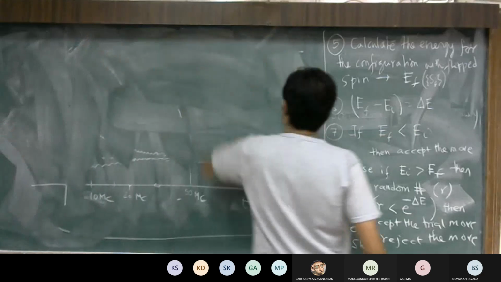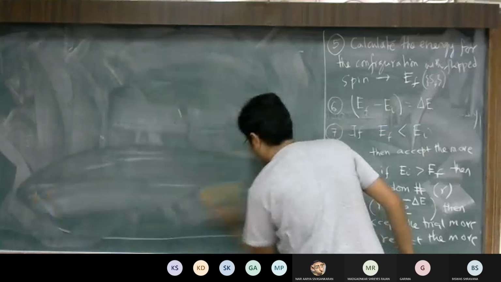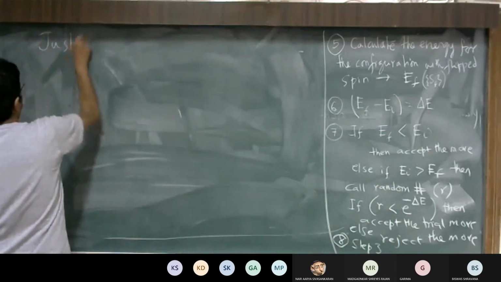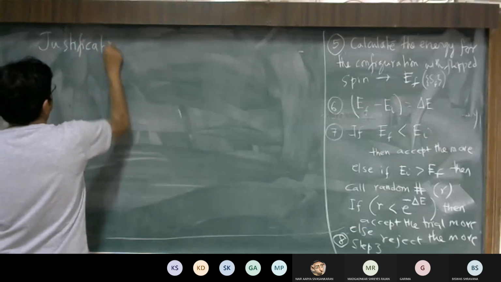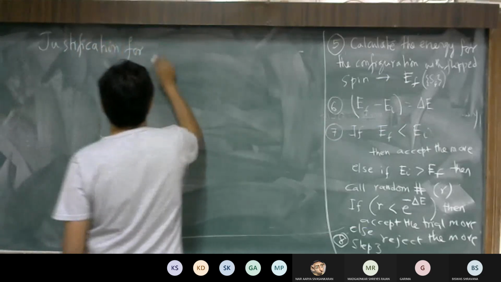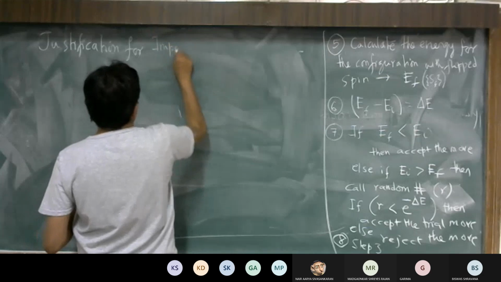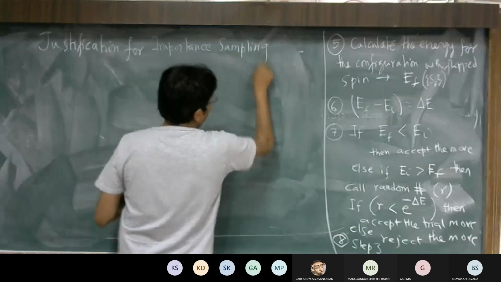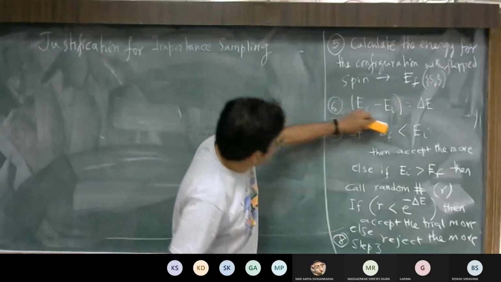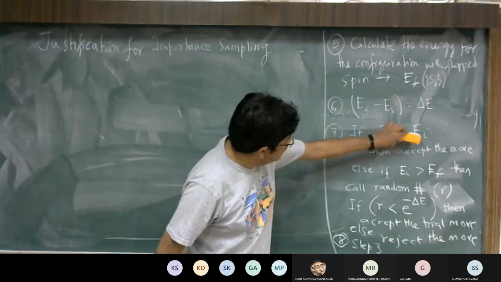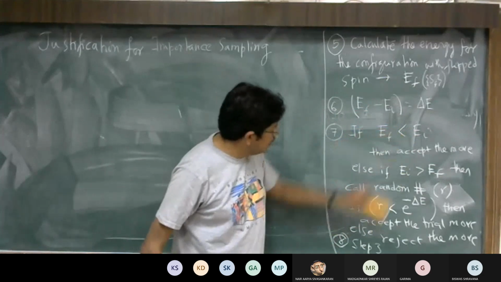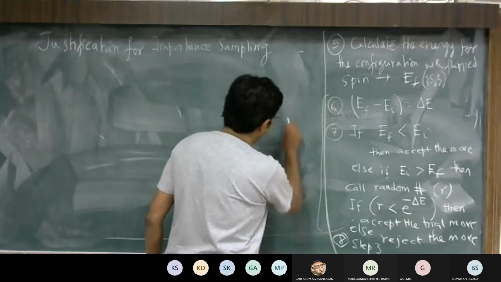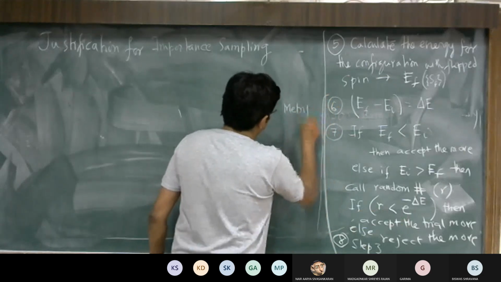But now I will come to the justification for importance sampling. By the way, this specific trial move, where whenever the final state energy EF is less than EI you accept the move, otherwise you do this, is also called the Metropolis algorithm.